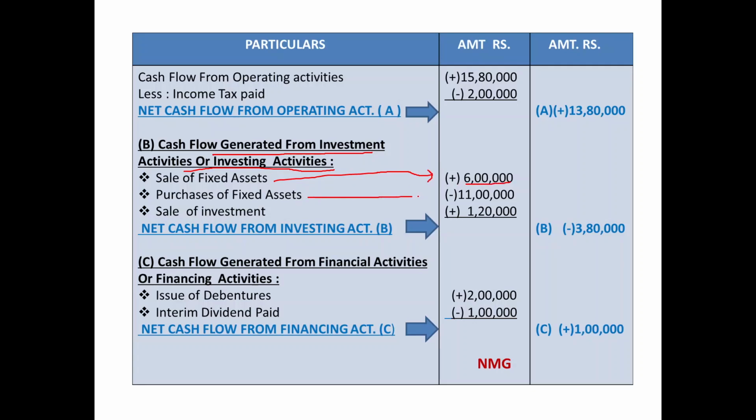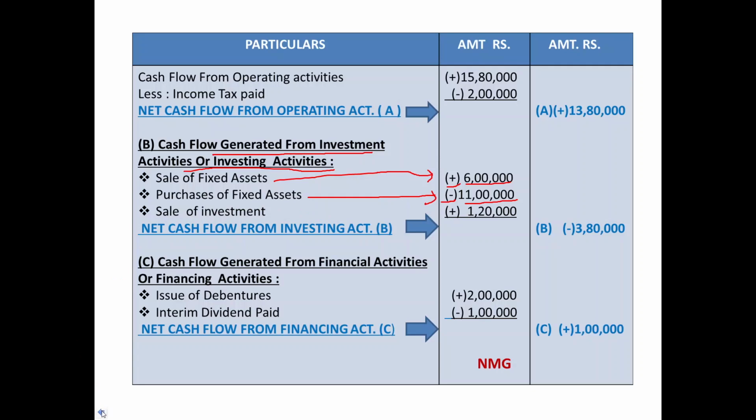Then purchases of fixed assets, minus is assigned for cash outflow, 11 lakhs. Over here plus was assigned for cash inflow. Over here minus is assigned for cash outflow. It is a simultaneous reporting, inflow और outflow दोनों का साथ ही reporting होता है. Plus is assigned for inflow, minus is assigned for cash outflow.